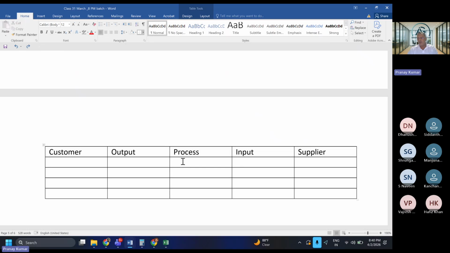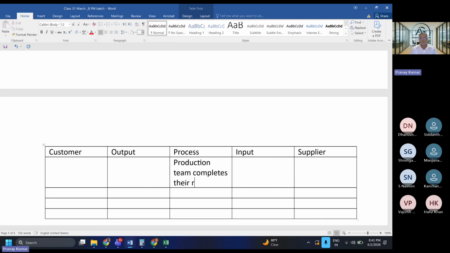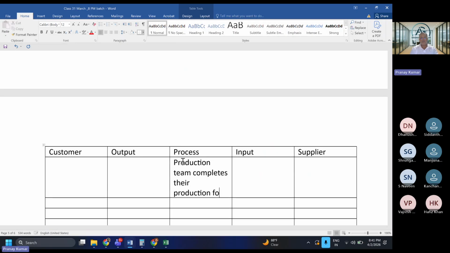When I'm doing quality checking, what is the step number 1? Let us start with production itself. So production team completes their production for the day.